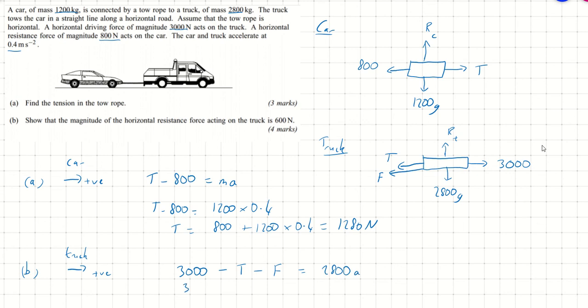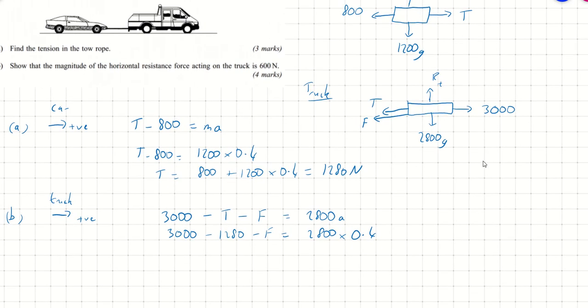Now we can fill in some of these numbers because we know T is 1280 and a is 0.4. Okay, so we've made some progress. Let's just simplify. 3000 minus 1280 is 1720, minus F is, and then 2800 times 0.4 is 1120.